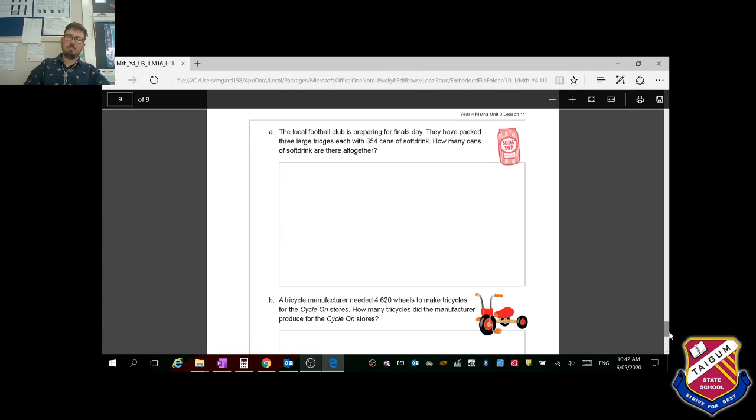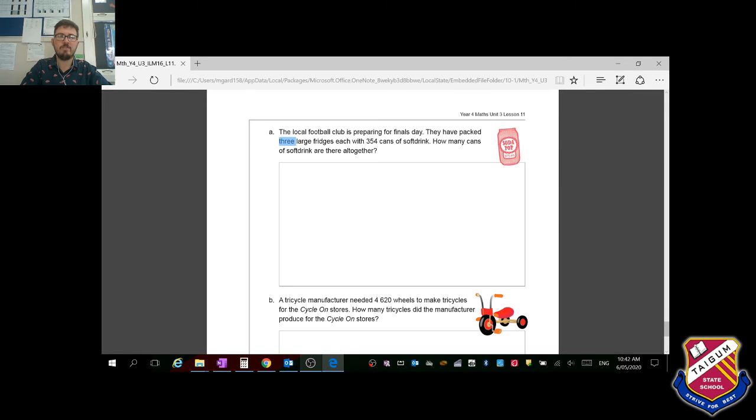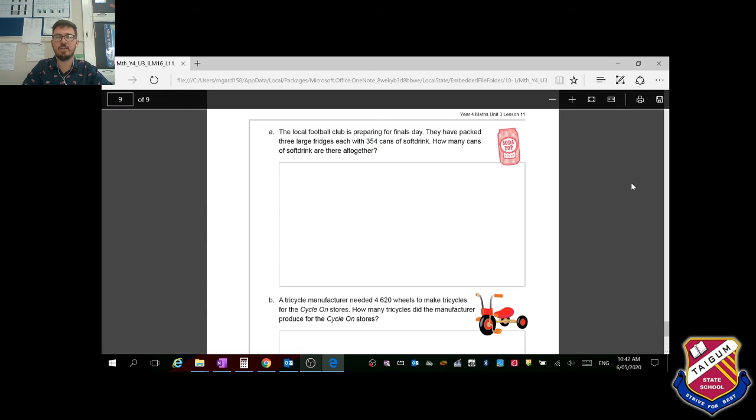So, if I look at the first one, there's 3 fridges, there's 354 soft drinks in each fridge, so I'm trying to find a total. I'm guessing that if 354 rounds up to 400, and 4 times 3 is 12, so 1,200, it's going to be somewhere around 1,000.